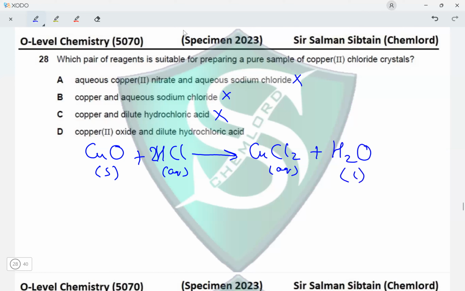Once this has been produced, the copper chloride can be crystallized by heating it and evaporating the water present. So option D is the correct answer for the preparation of copper(II) chloride, making option D the correct option for this question.